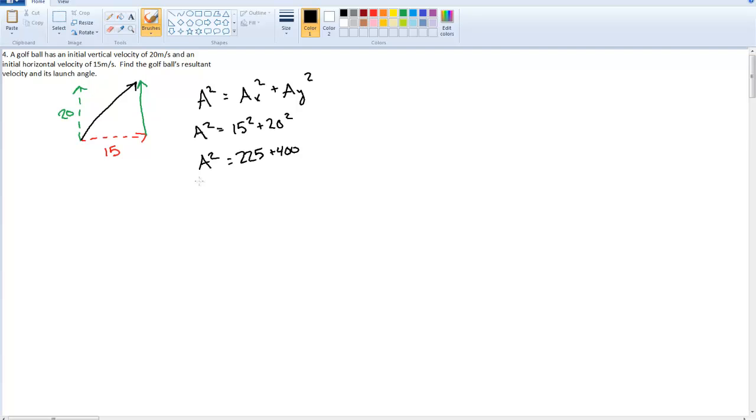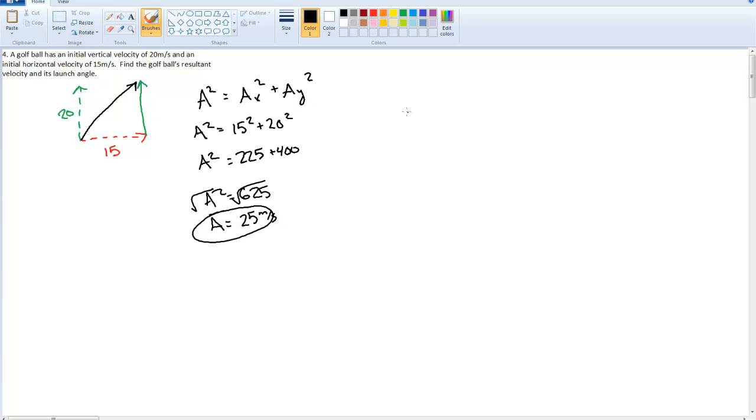So let's do 625, take the square root of that. So a squared equals 625, and then we take the square root of each side. We get that a is equal to 25. So this is our resultant. When we add those two components together, we get this right here, 25, and that's meters per second.